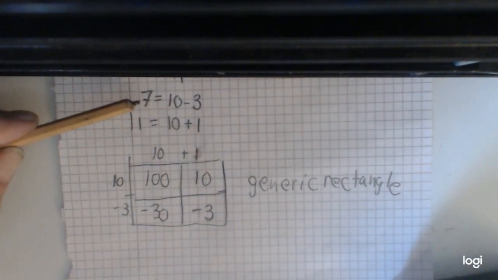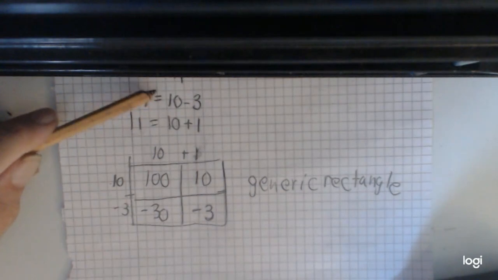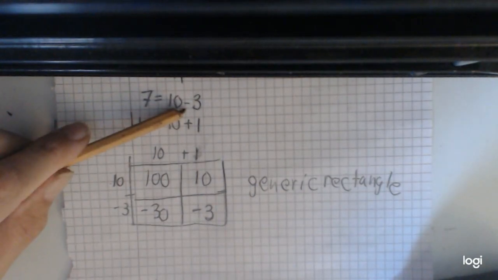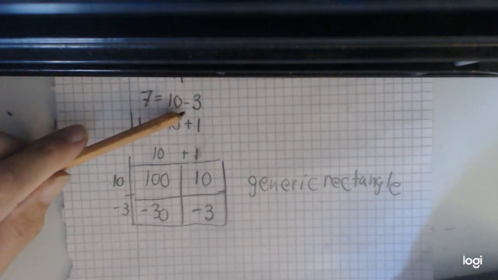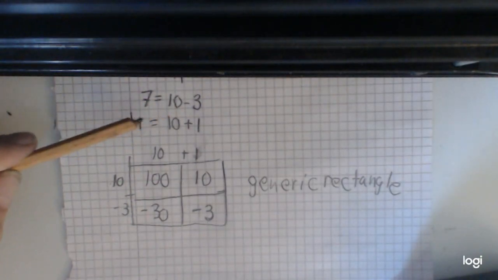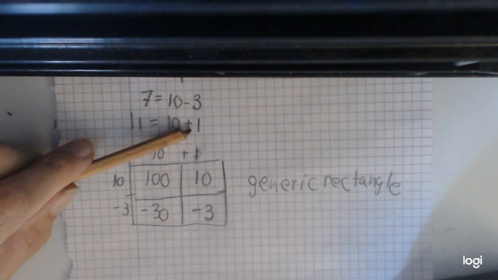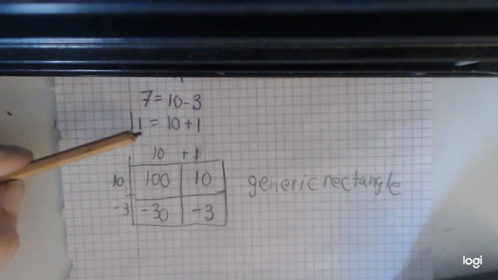What you see here, we have 7 equals 10 minus 3. In a previous video, I showed that you could rewrite 7 this way. 11 is 10 plus 1. That is an extended form of 11.